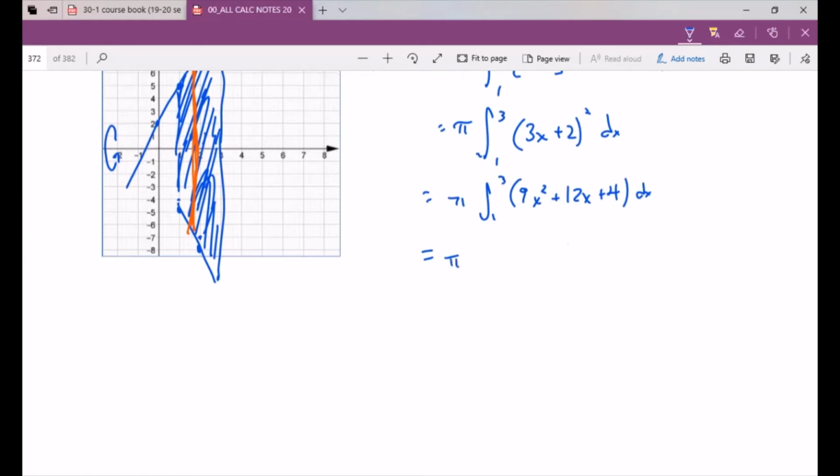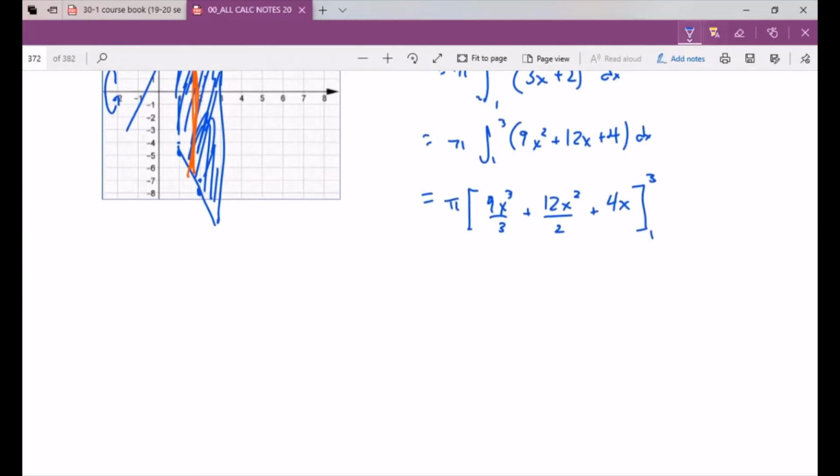This ends up being pi times square bracket, 9 times x cubed over 3, 12x squared, add 1 to the exponent and divide by that, and 4x to the 1. We've now integrated this, so we don't need the integral sign and the dx anymore, but we do need our limits of integration, from 1 to 3. All right, so to evaluate, let's start with when x is 3.